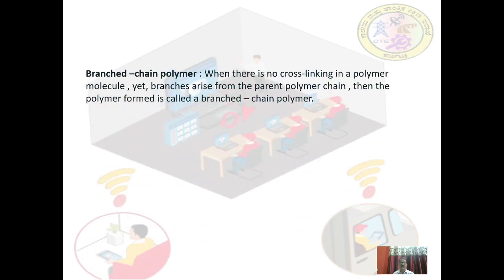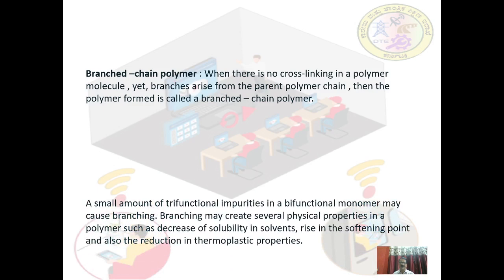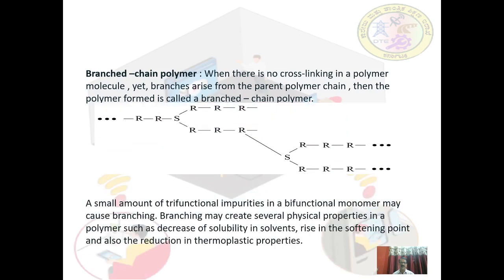Then branched chain polymers. When there is no cross-linkage in a polymer molecule, but branches arise from the parent polymer chain, then the polymer formed is called a branched chain polymer. This is the branched chain polymer. Here SRRS is the main chain. This main chain is branched into two.